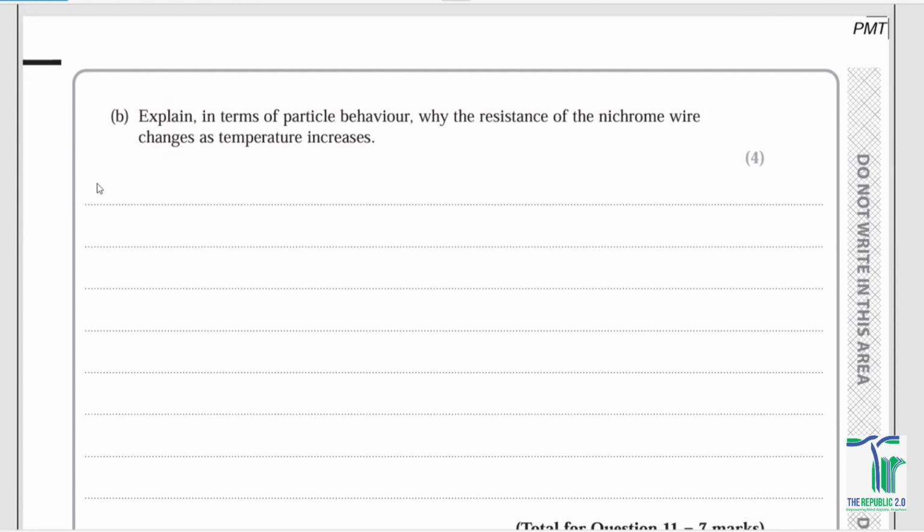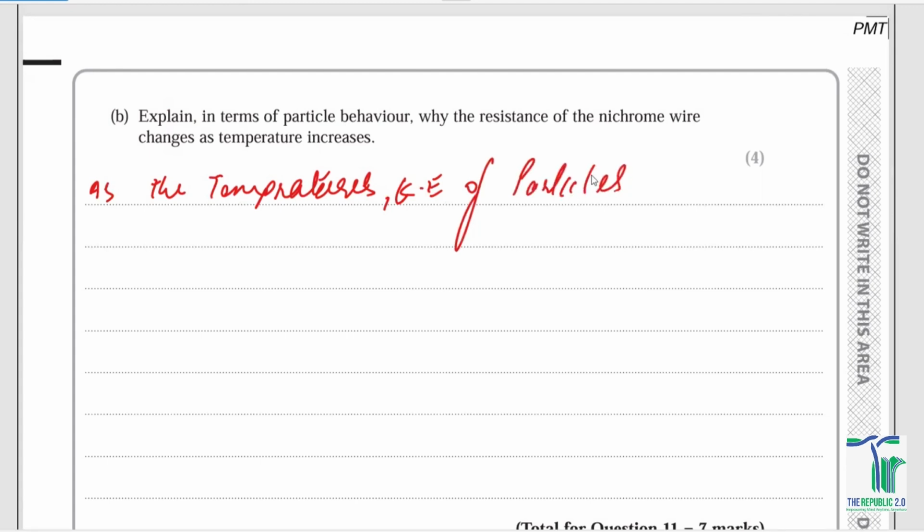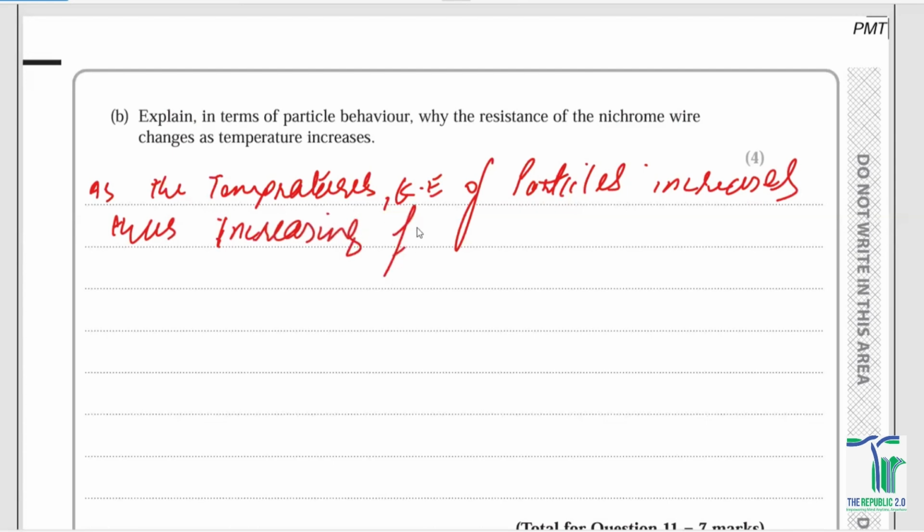What we know is that as the temperature increases, the kinetic energy of the particles increases, thus increasing the frequency of collisions of electrons.